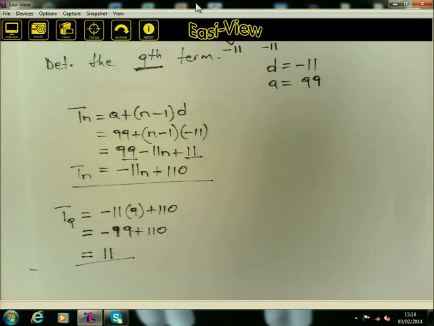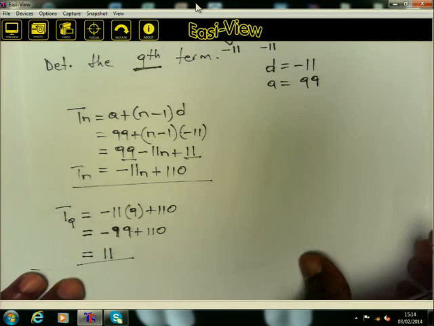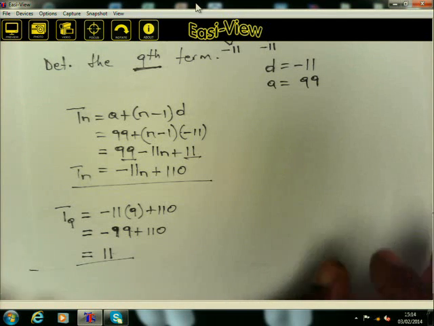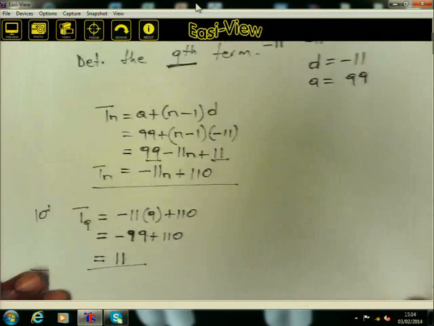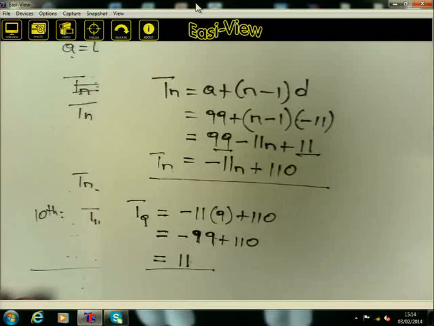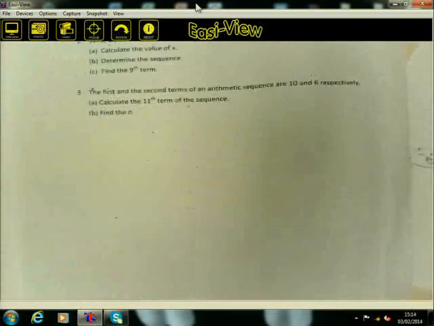Right, and then let's see now. We continue further and look at how we can get that T9, then the nth term of an arithmetic sequence. The nth term of an arithmetic sequence. Right.